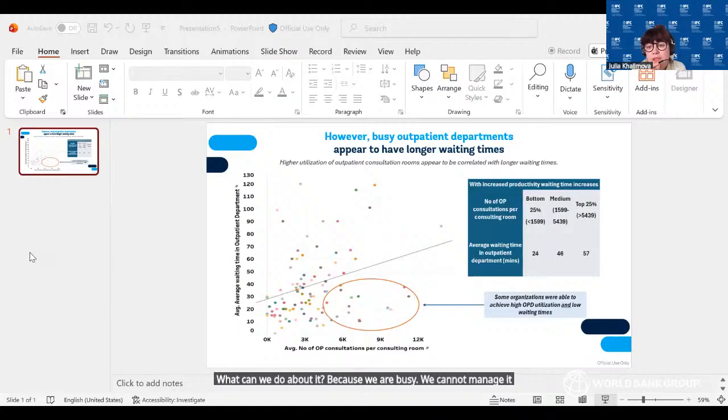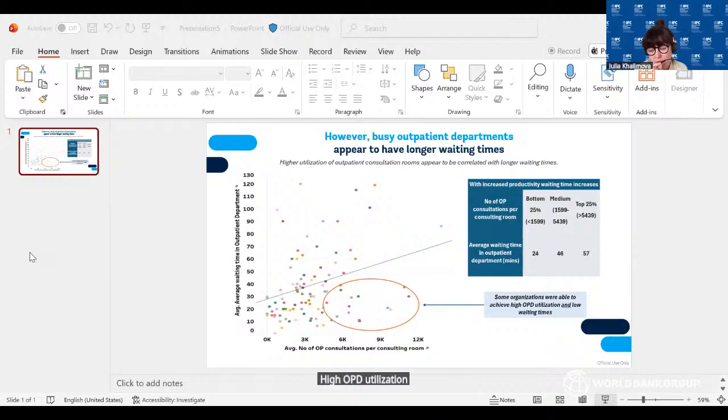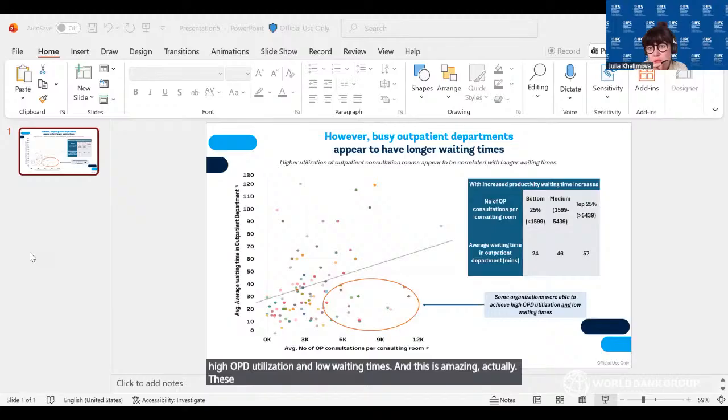But in IFC benchmarking results, an interesting thing was observed. And here you can see it summed up on the slide, that some organizations actually were able to achieve high OPD utilization and low waiting times. And this is amazing, actually. These are amazing results.